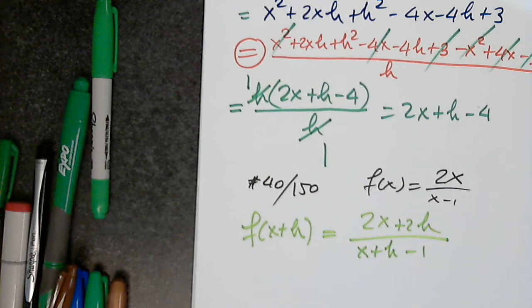So now you're going to put it in the difference quotient, correct? You have all 3 pieces. You have the f of x plus h, you have the function, and you have h.